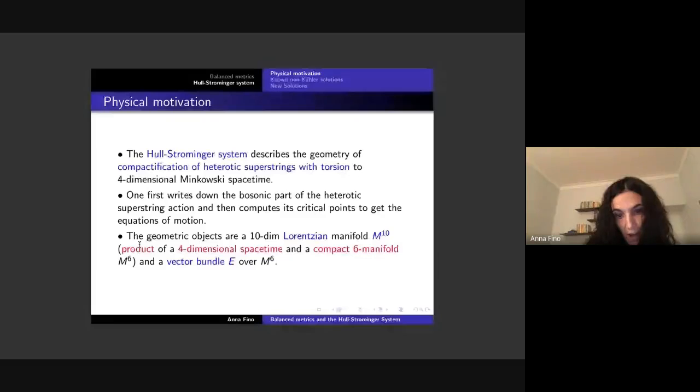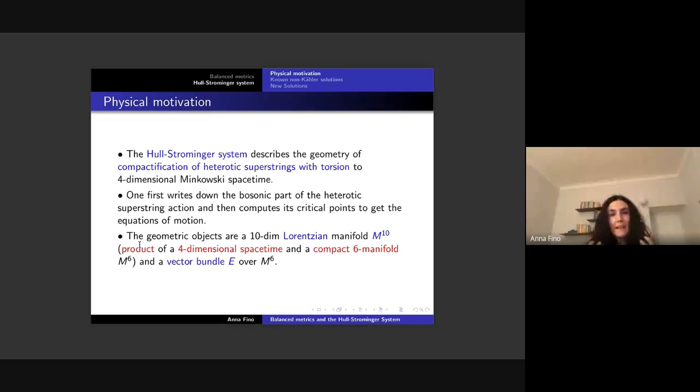The bosonic fields are a Lorentzian metric in 10 dimensions, a strength field, which is the flux, in fact the torsion, let's say a 3-form, and then the dilaton, which is a function, and the gauge connection. These are our bosonic fields.